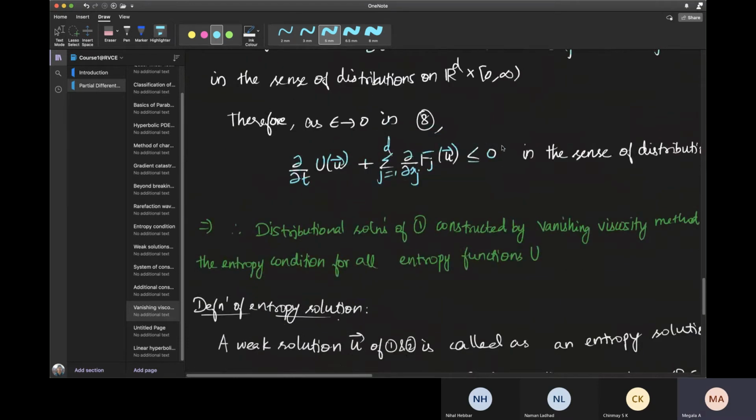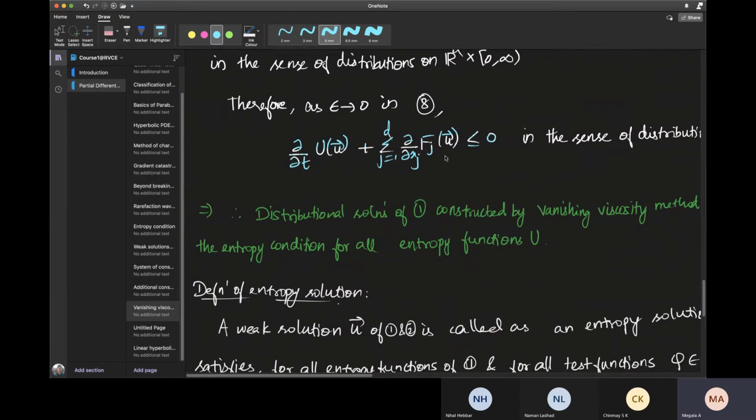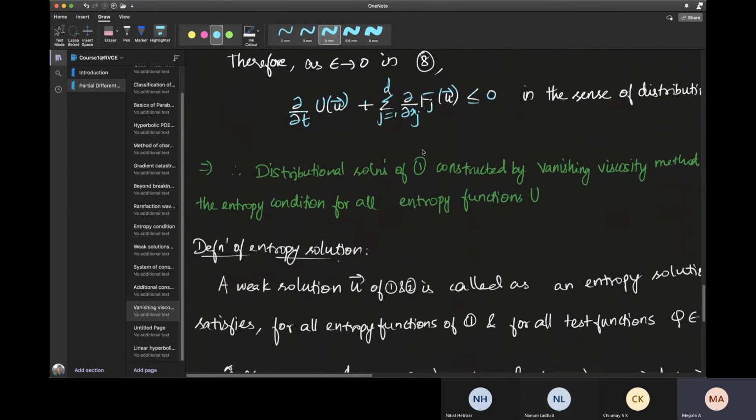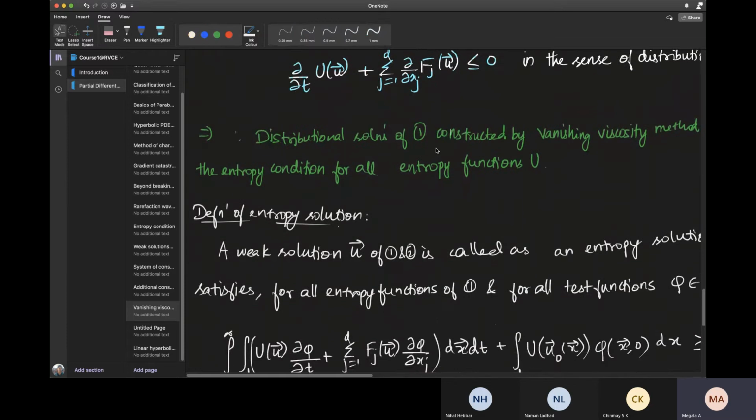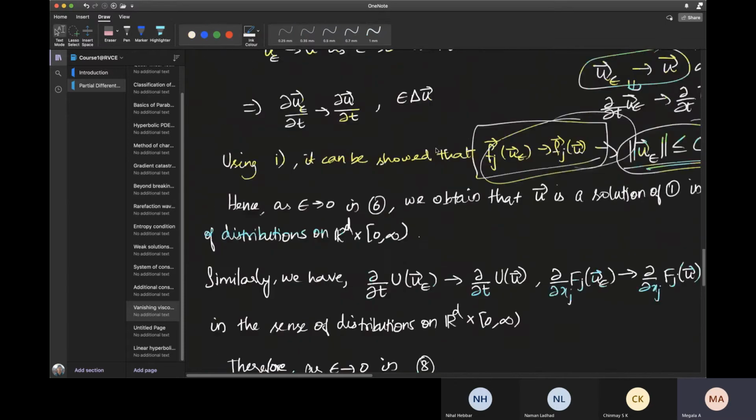So this is the strong form, but it's true only almost everywhere, not at all points. An equivalent of this is the weak form of the entropy inequality. So if you notice, we have now obtained an entropy inequality by using the epsilon viscous PDE.